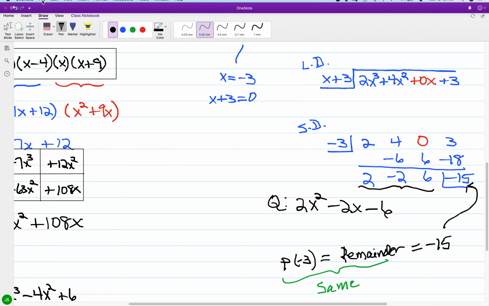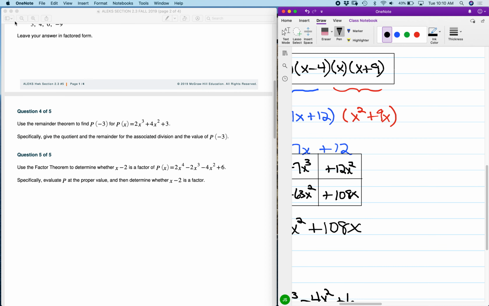Now, for the last problem, it says to use the factor theorem to determine whether x minus 2 is a factor of the given polynomial expression. It says specifically to evaluate p at the proper value and then determine whether x minus 2 is a factor.